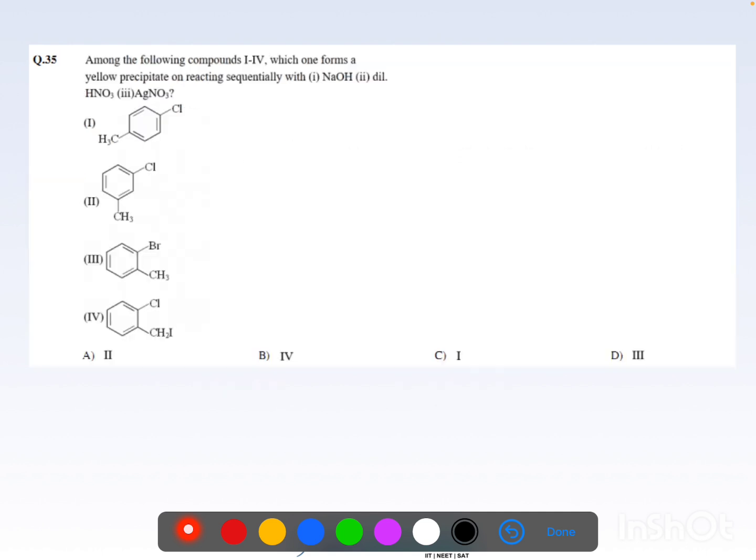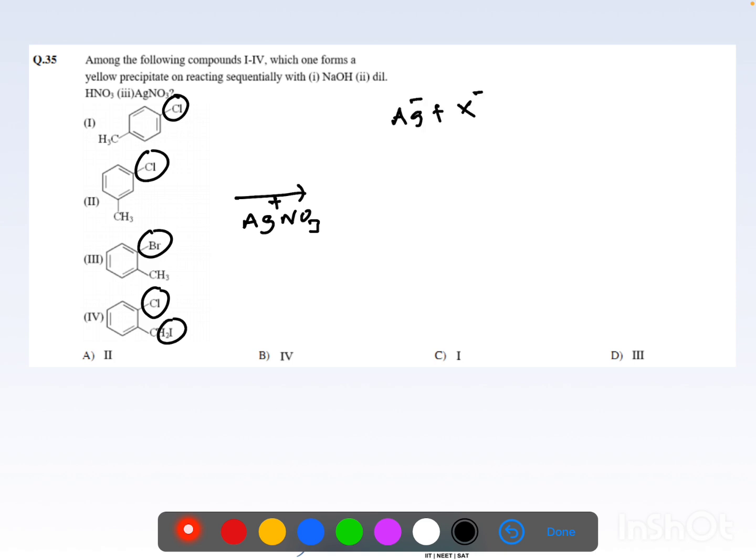So it is a precipitation reaction. Here all these compounds contain halogen. So here there are 2 halogens. When these compounds are treated with AgNO3, see, Ag plus has very good affinity for halogens. They combine with halogen to form salts. Here you should remember that Ag plus can only abstract the halogen which is attached to sp3 carbon.